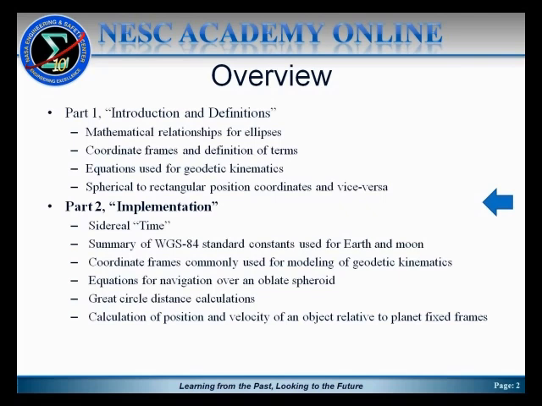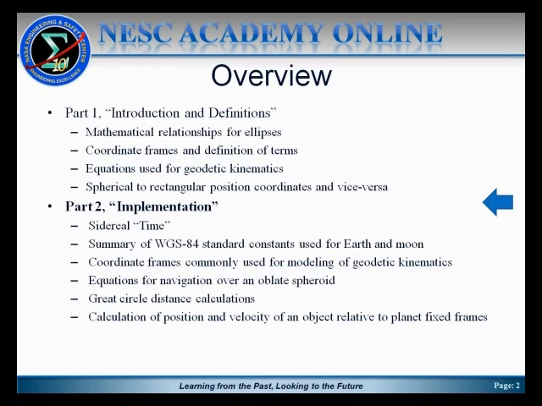As you might recall from part 1, an oblate spheroid is nothing more than an ellipse that's been rotated about its minor axis. And so the relationships for ellipses are key to defining some of the expressions we use to transform coordinates between rectangular coordinates or spherical coordinates. Either one of those are commonly used for defining geodetic kinematics.